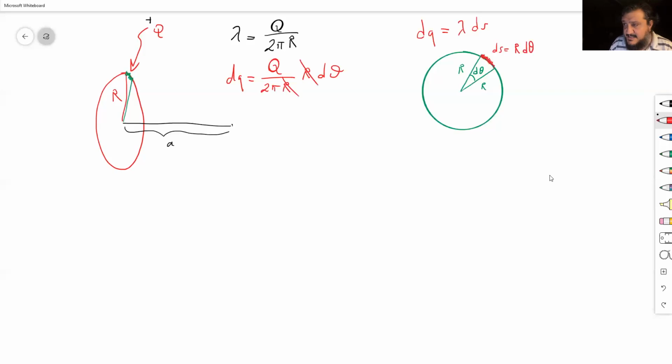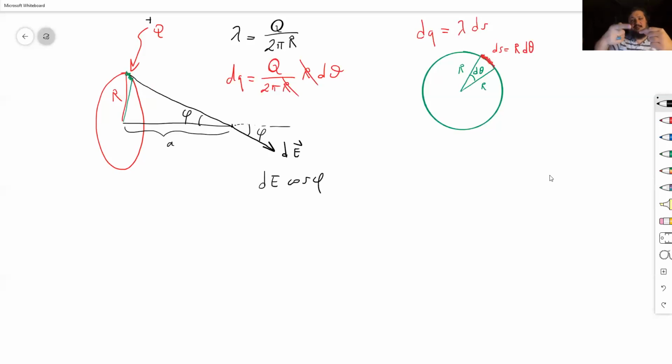Because of that dq, we'll have an electric field right here. At this point, you will have an electric field that points this way. I'm going to call it dE. Same idea, I'm using the same principles I did in the previous example. It's just for a circle now. There is an angle here, phi, and here another angle, the same angle, phi. And then I need dE cosine phi.